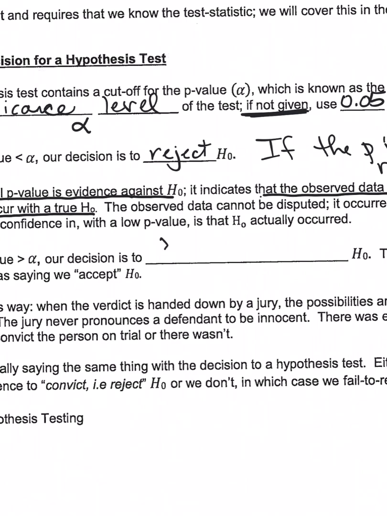So we fail to reject. If you ever put accept, you will automatically knock yourself right down to an I. Never accept. This is not the same as saying we accept. Do not accept.